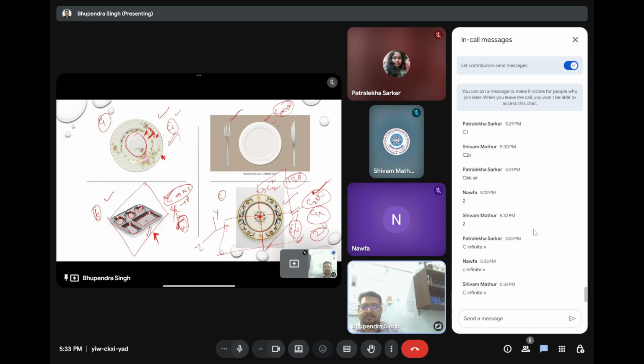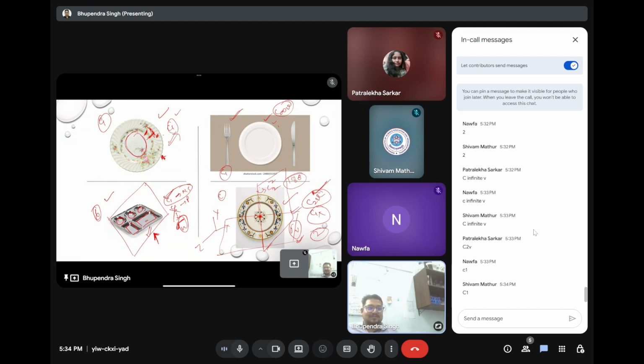Point group of this fork. The point group of this fork is C1.